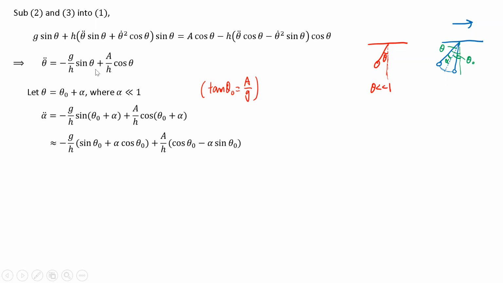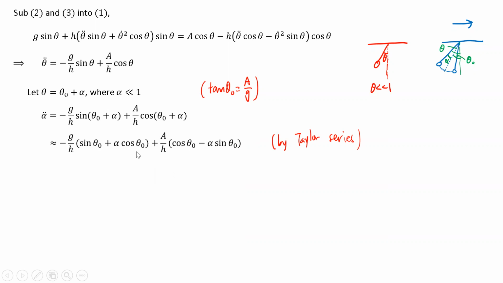And then for the right-hand side, this theta is written as theta naught plus alpha, so this one also. And then by Taylor series, this sine of theta naught plus alpha is written like this, and this cosine of theta naught plus alpha is written like this.